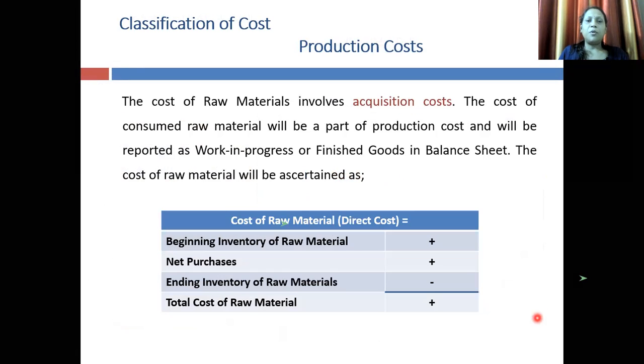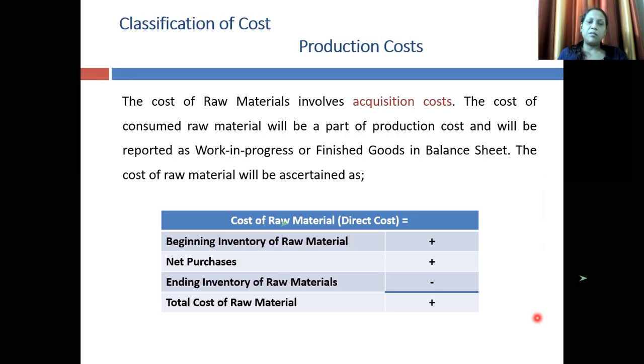So the cost of raw materials involves acquisition cost. The cost of consumed raw material will be a part of production cost and will be reported as work in progress or finished goods in balance sheet. The cost of raw material will be ascertained as: beginning inventory of raw material. Inventory means whatever we have from last year, it has been shifted to this year. How much amount we are having in the account, that is our inventory.